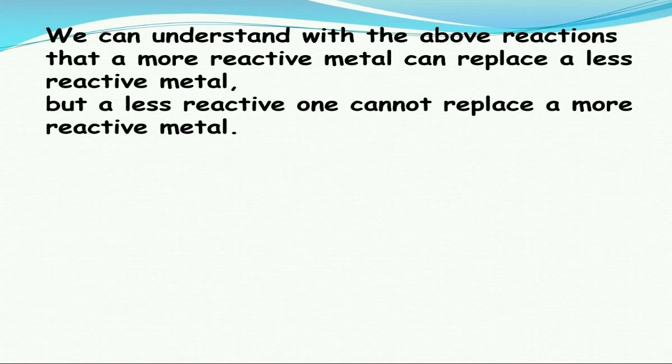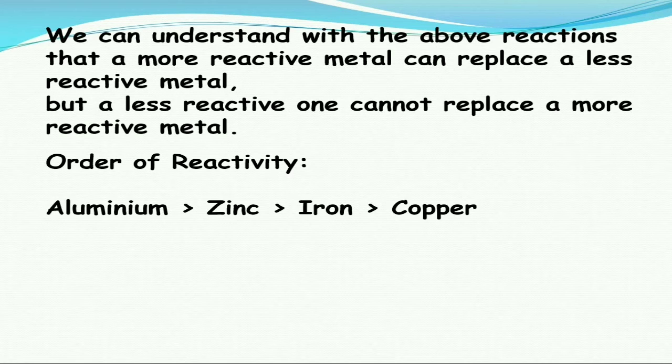So we can understand from the above reactions that a more reactive metal can replace a less reactive metal, but a less reactive one cannot replace a more reactive metal. Hence, the order of reactivity is aluminium is more reactive than zinc, than iron, than copper.